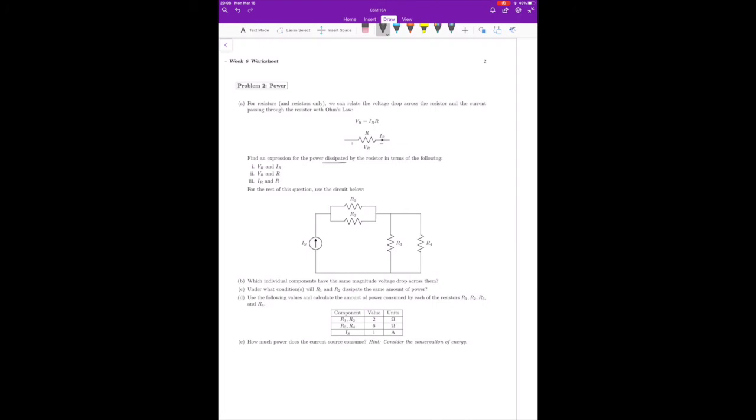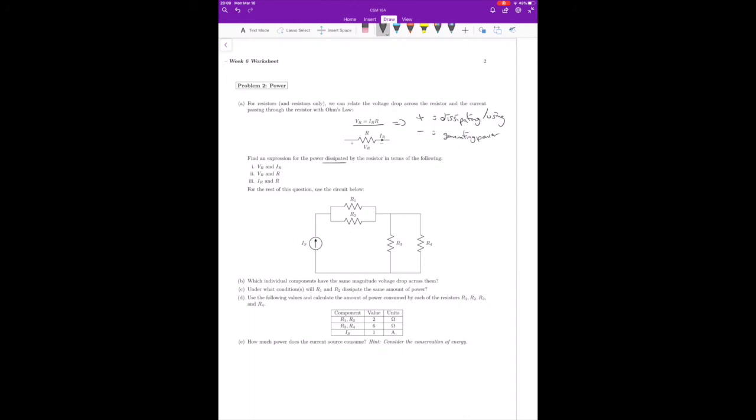When we use passive sign convention in this V equals IR equation, when you have a positive output, that means you're dissipating or using power. And if you have a negative one, which is typical for voltage sources, you're generating power.